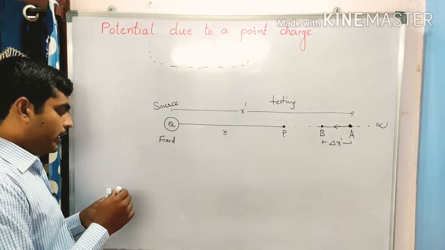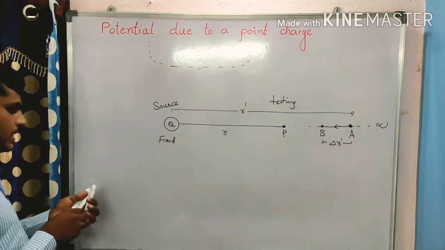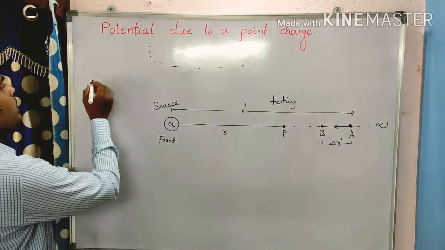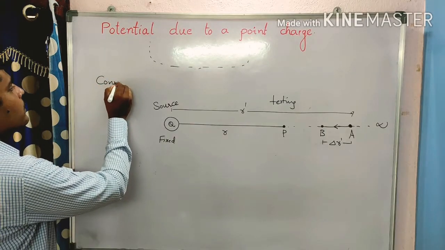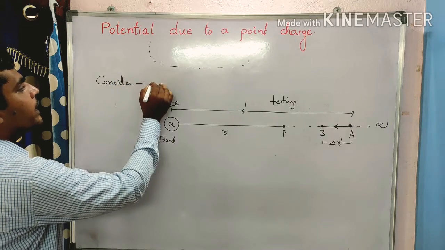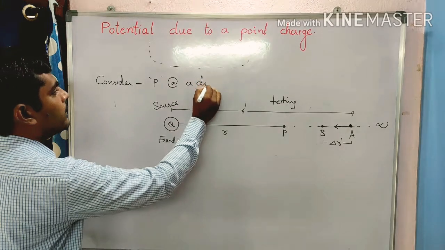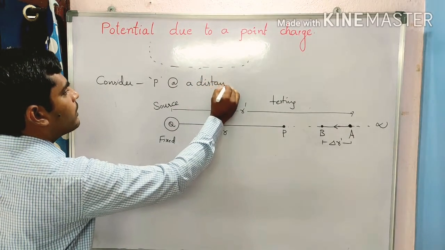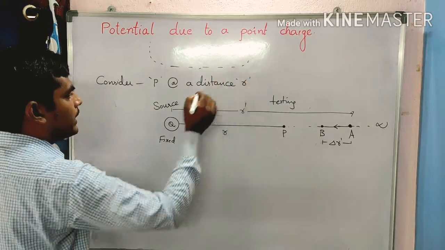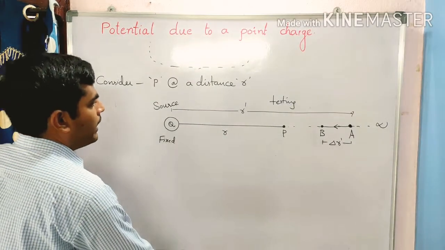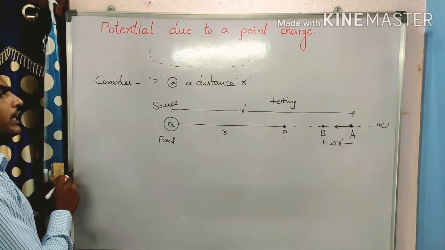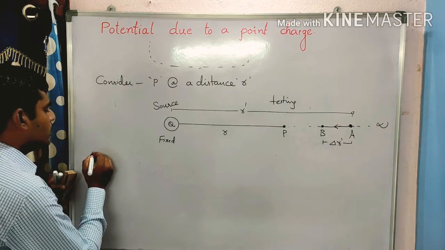So consider a point P at a distance r. At a distance r we are taking a point, and take a point A at an intermediate distance r dash.